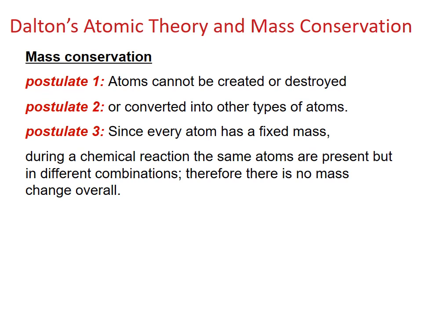Again, it cannot change mass if atoms cannot change. And postulate 3 says that atoms of the same element are identical. Since every atom has a fixed mass, during a chemical reaction the same atoms are present but in different combinations. Therefore, there is no mass change overall.